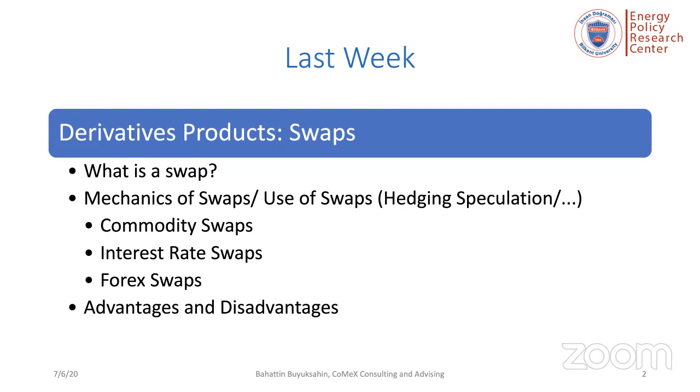Swaps serve as an effective hedging vehicle in much the same way that financial futures contracts do. Swap agreements have also become a popular vehicle for speculation on interest rates, forex, and commodity swaps. We discussed how to use swaps in these markets last week.